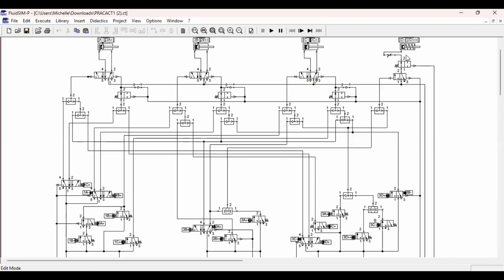And for the next sequence, we have a B negative and C negative. And para mangyari yun, we've used here a naturally open 3-way valve connected sa push button 3.